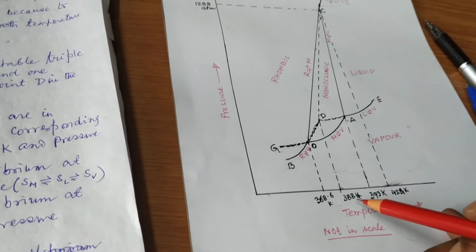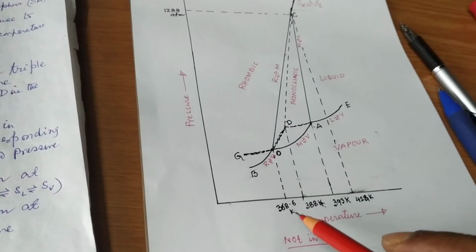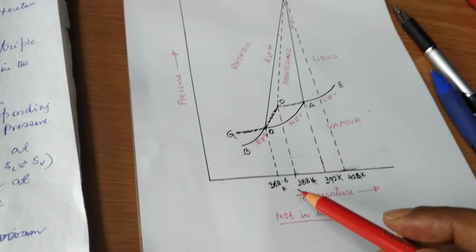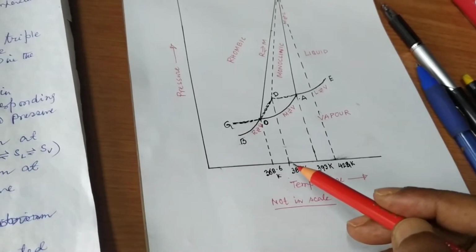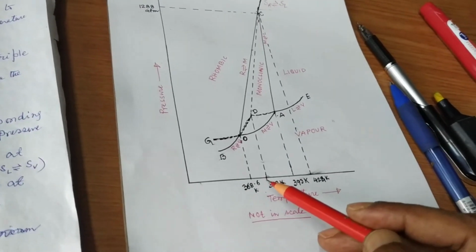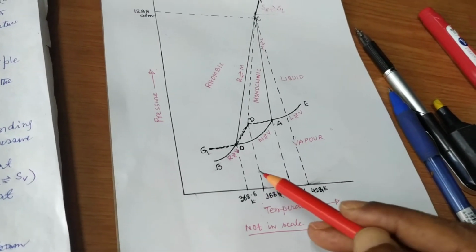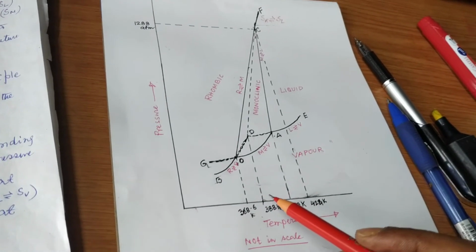Now, on changing one of the variables, either pressure or temperature, one of the phases disappears.